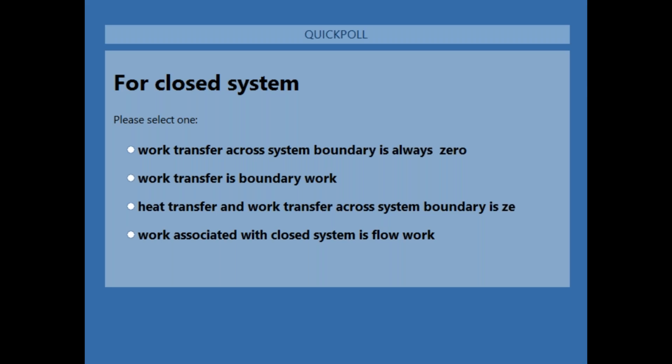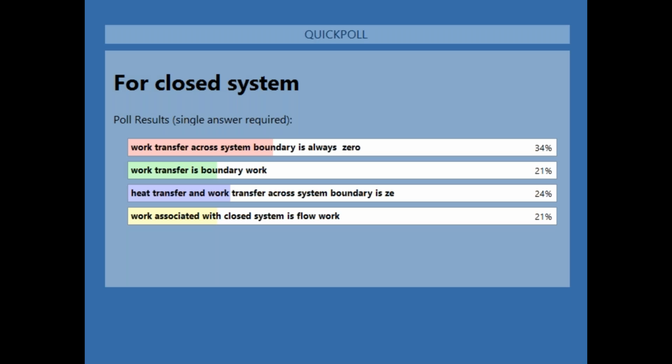Okay, I'm closing this poll and I will be sharing the correct answer. So let me close this poll. Let me share the result. The correct answer is option 2. That is, the work transfer is the boundary work, because it is a closed system.